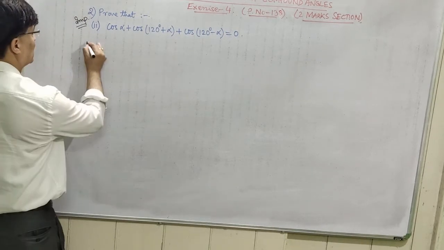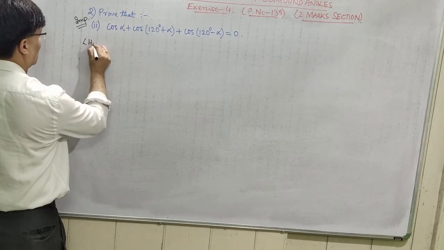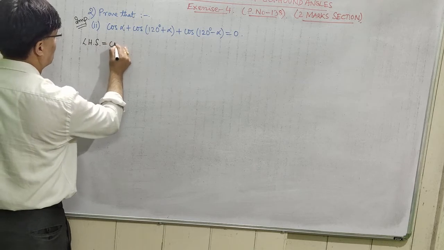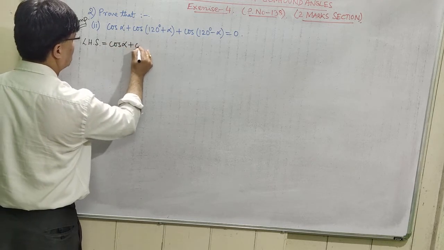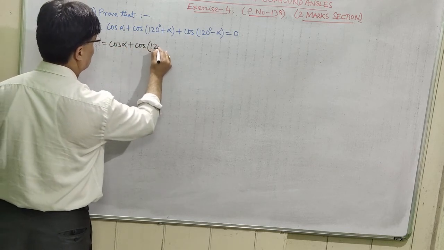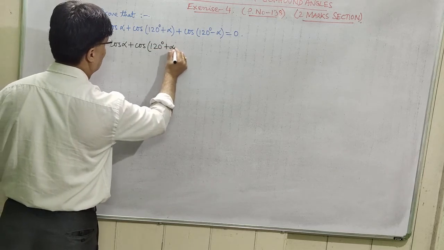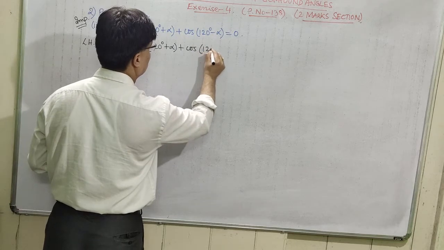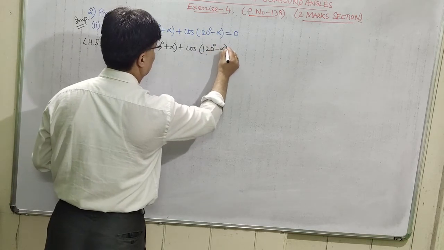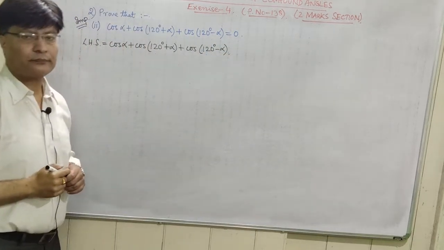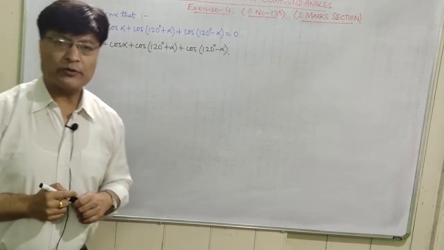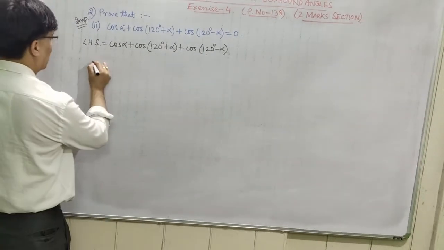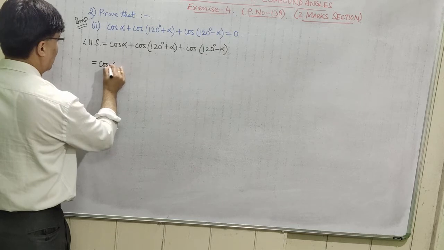Okay. So let's write the left hand side. LHS is equal to cos alpha plus cos of 120 degree plus alpha plus cos of 120 degree minus alpha. Okay. So now the first term, you can keep it as it is, cos alpha.